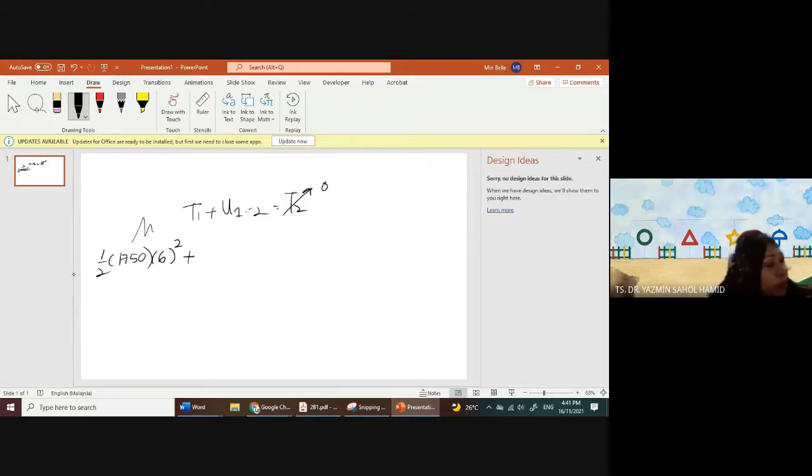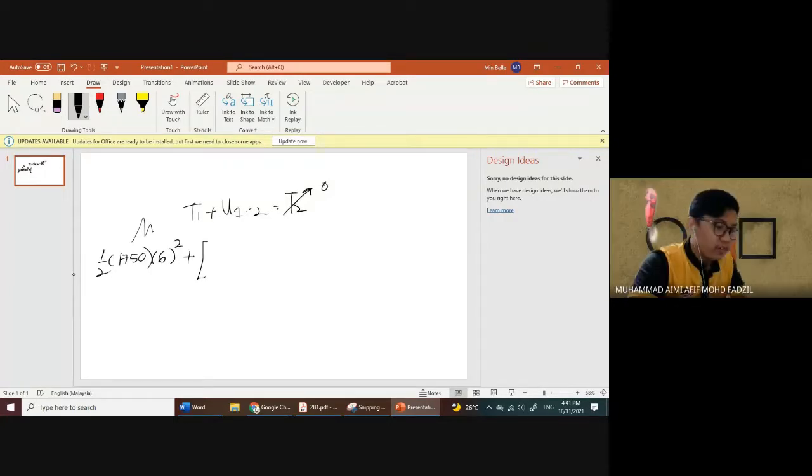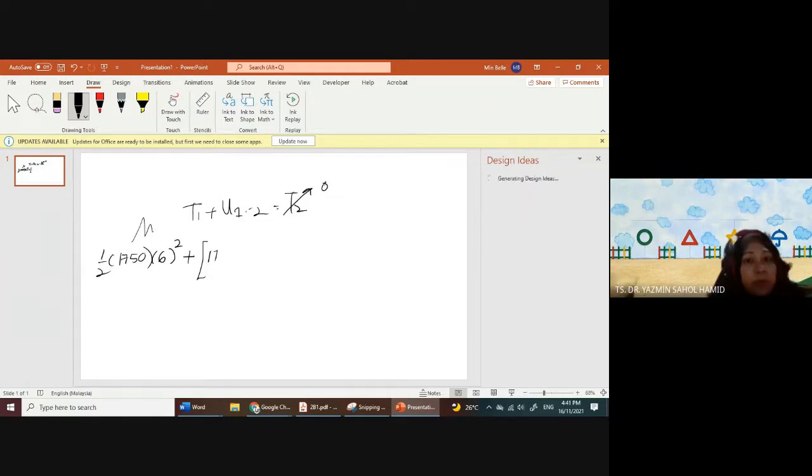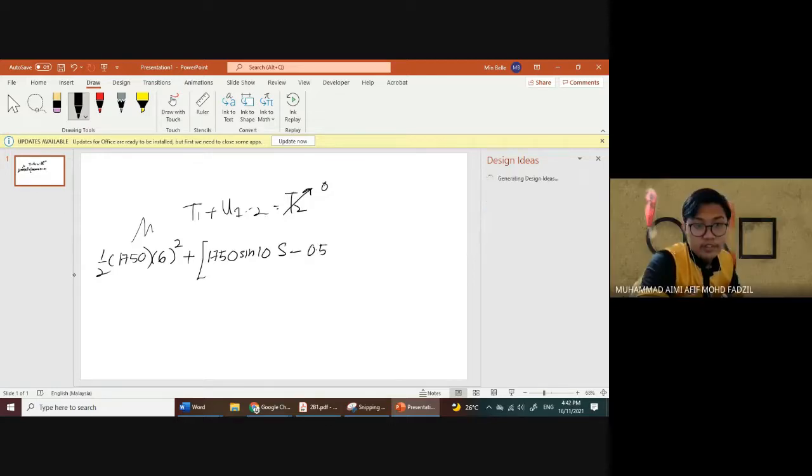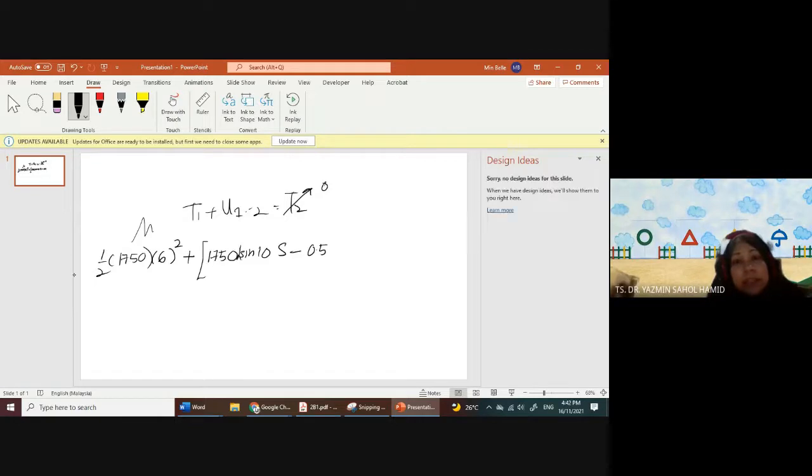Then plus the work, which we've identified has two parts. One is due to the weight, where you do 1750 sin 10, don't forget times S, and minus the frictional force. Our mu K is 0.5. 1750 must be multiplied by 9.81, because it's weight, times G. G is how much? 9.81. Okay.